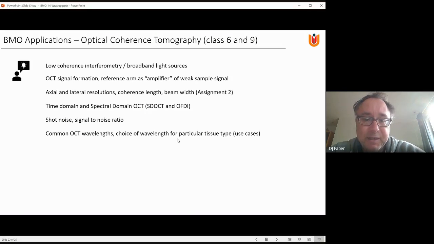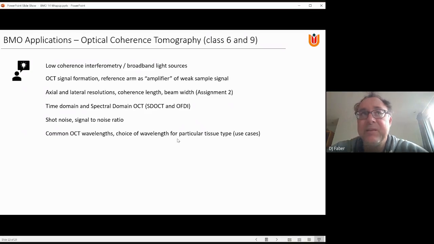And then finally, going to some applications, to some use cases of that. So, I would like you to know what common OCT wavelengths are. So basically, these are 800 nanometers and 1300 nanometers these days. So for what application would you choose such a wavelength?